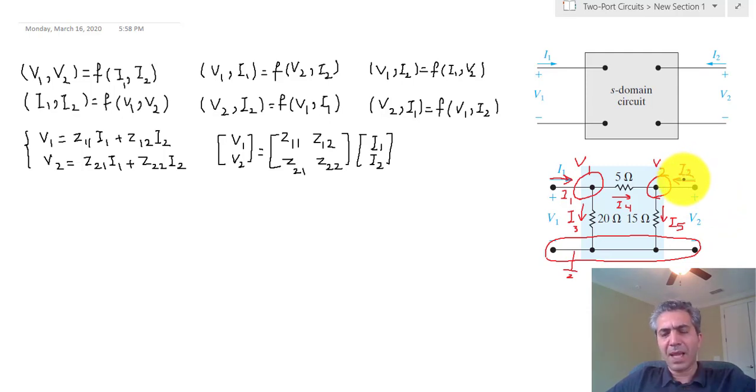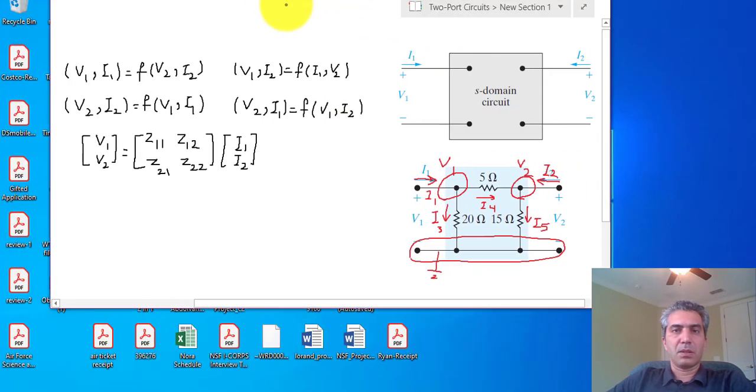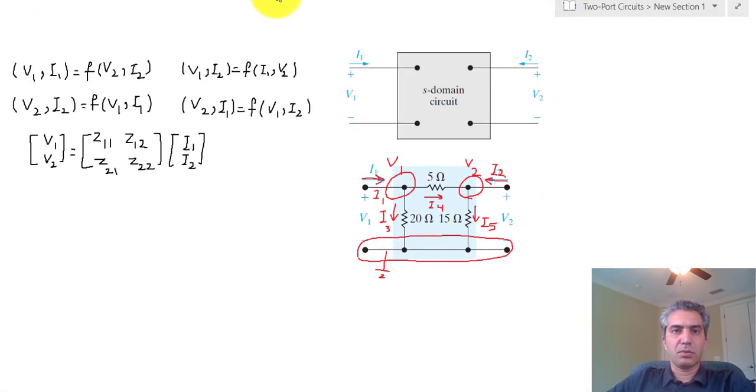But at the time of developing the equations, we're not going to make that assumption. Write all the equations for the most general case, and then go back and make special assumptions if need be.